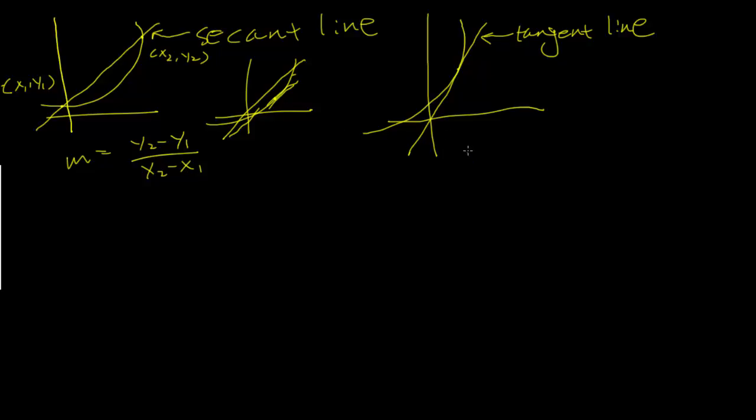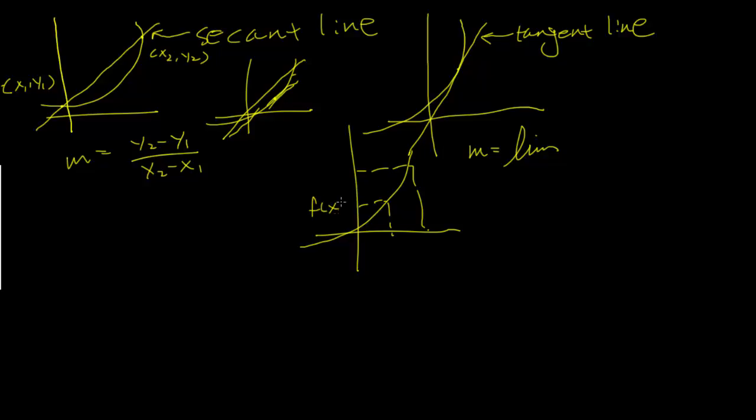For example, through another line. So this point is f of x, and this, let's say the distance from here to here is h.